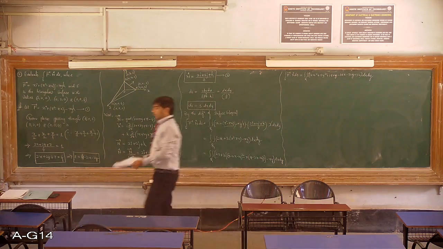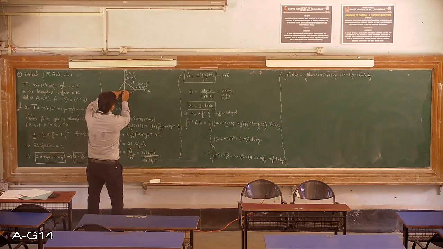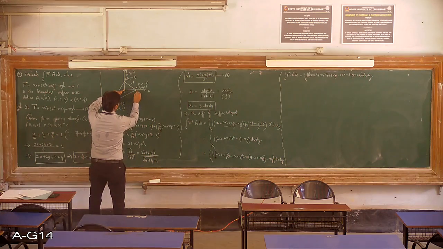Now if you project it on the xy plane, then x will be varying from x equals 0 to x equals 2. That one can very easily understand.